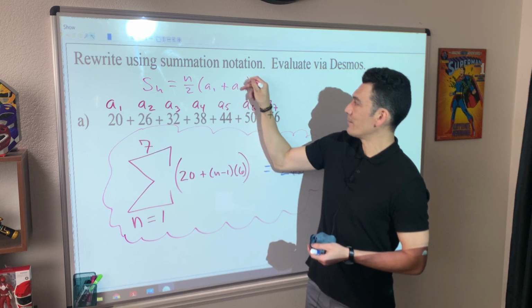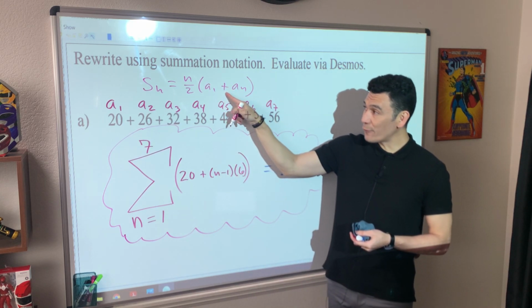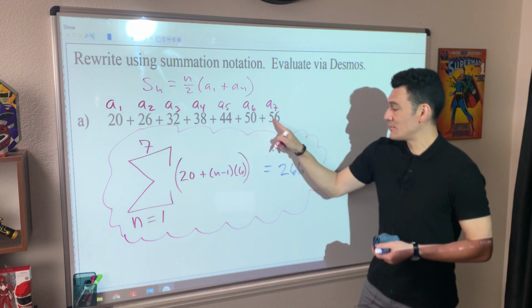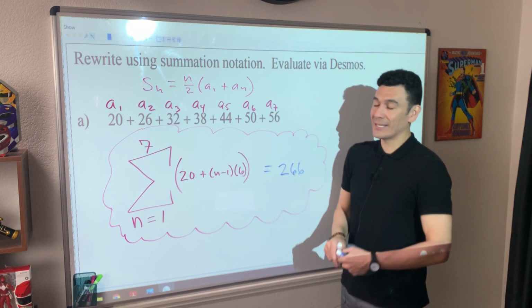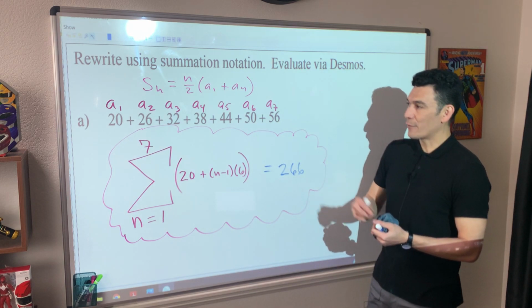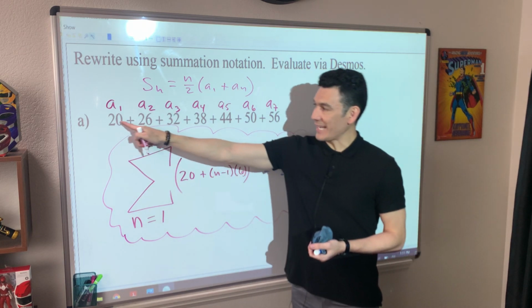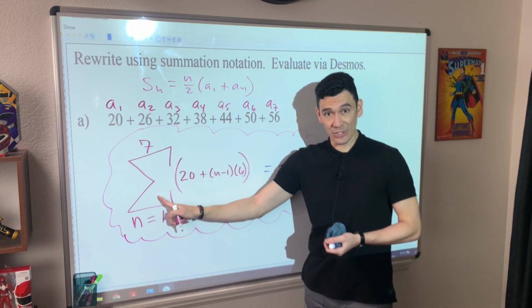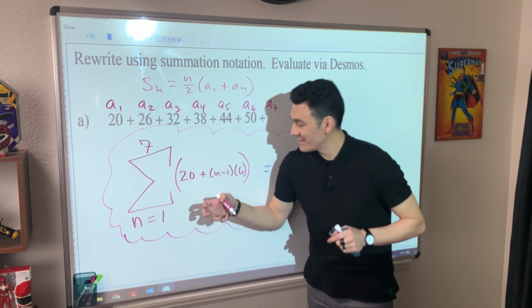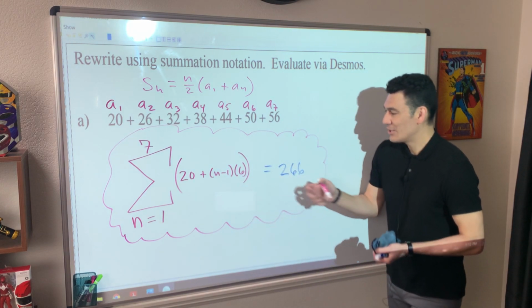This one here. I totally could have used that formula on these numbers and gotten the same answer. So that's the second technique. The third method for an arithmetic series is take the numbers, repackage them into summation notation, and then on Desmos, type that in to get your final answer.